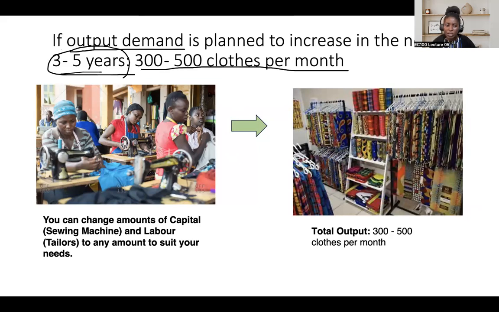If it's machines, she can have as many sewing machines as possible. You see, up to there, it's just a lot of sewing machines. If it's laborers, she can have a whole bunch of people who are good and can work a lot of hours and things like that.